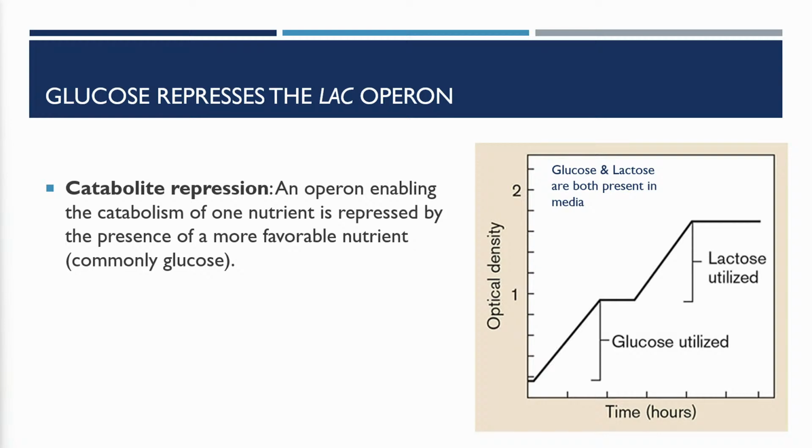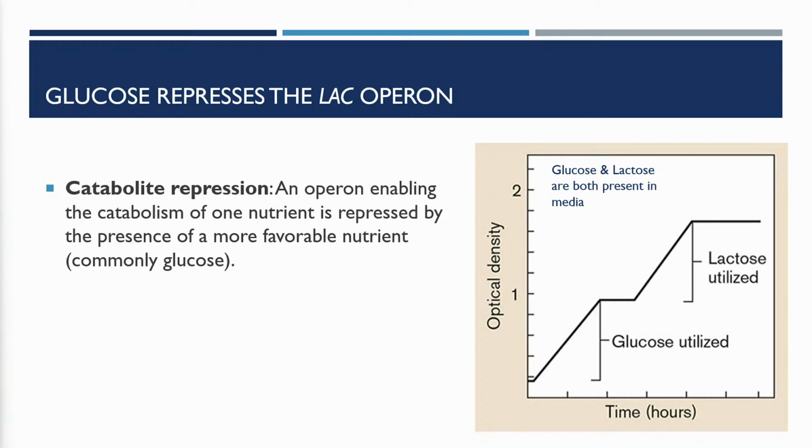But then when the glucose is all used up, the cell runs out of glucose and the cells completely stop growing. You have this lag phase right here. So this is taking up some time, and the reason for this is because the cells are retooling their genetic program at this point and getting enough de-repression of the lac operon to start using this less preferred carbon source, lactose.